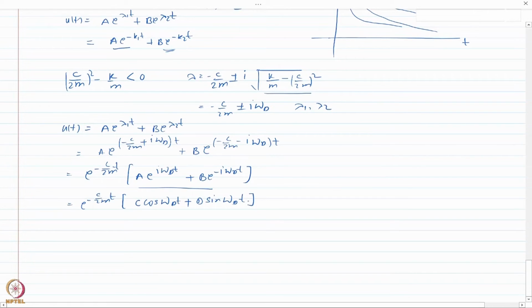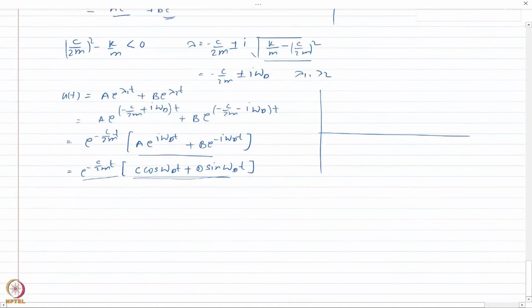All right, now I know the plot of this function, and I know that this is an exponential decreasing function. Let us try to plot this function for the second case. I know this function looks like something like this from the solution of the free vibration. However, it is multiplied with another term which is an exponential decreasing term.